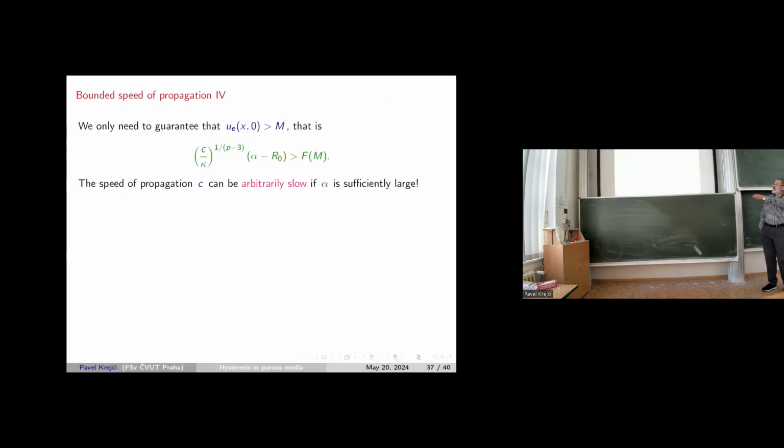And the condition is like the constant c over kappa times 1 over p minus 3 alpha minus tau 0 is bigger than a fixed constant depending on the initial data. And now, c is the speed of propagation. So c can be arbitrarily small if alpha is sufficiently large.